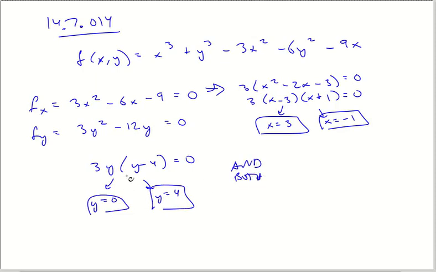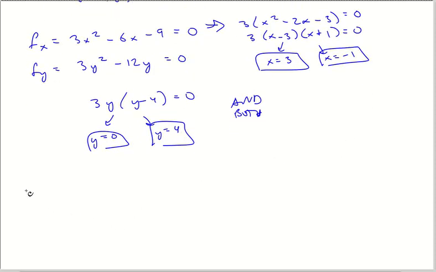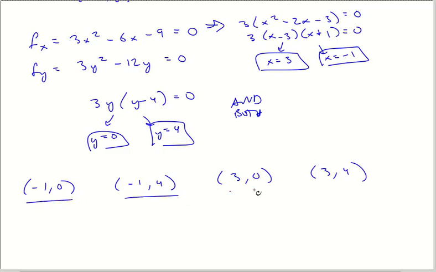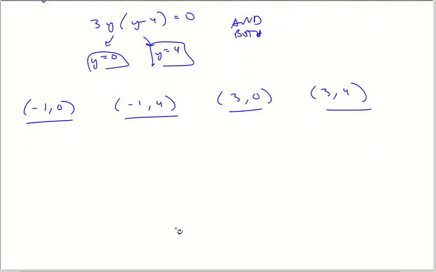It's kind of strange. 0, 4 for y's, 3 and -1 for my x's. Yes, we will actually have 4 points. Every combination that you can imagine. As long as your x's are 3's and -1's and your y's are 0's and 4's, we now have 4 points that we need to test.